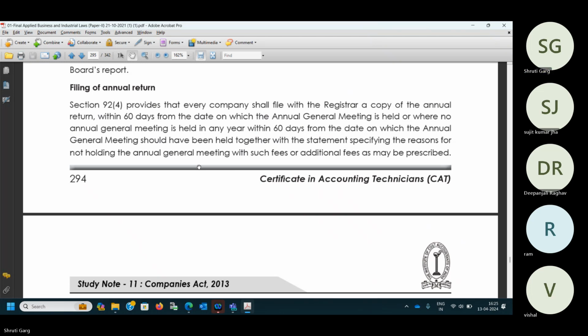That means by paying additional fees, a company can file its annual return, but after giving a reasonable statement, after giving reasons why the annual general meeting is not held timely. Well, clear?